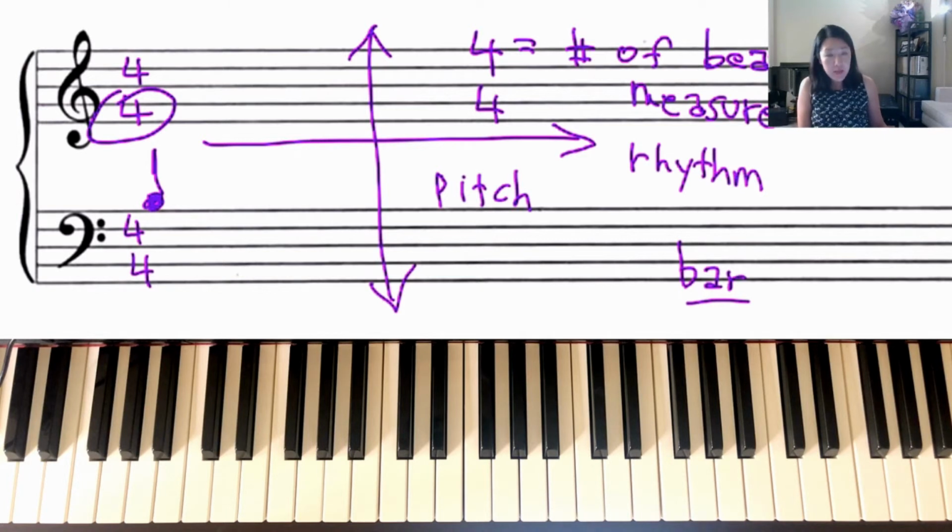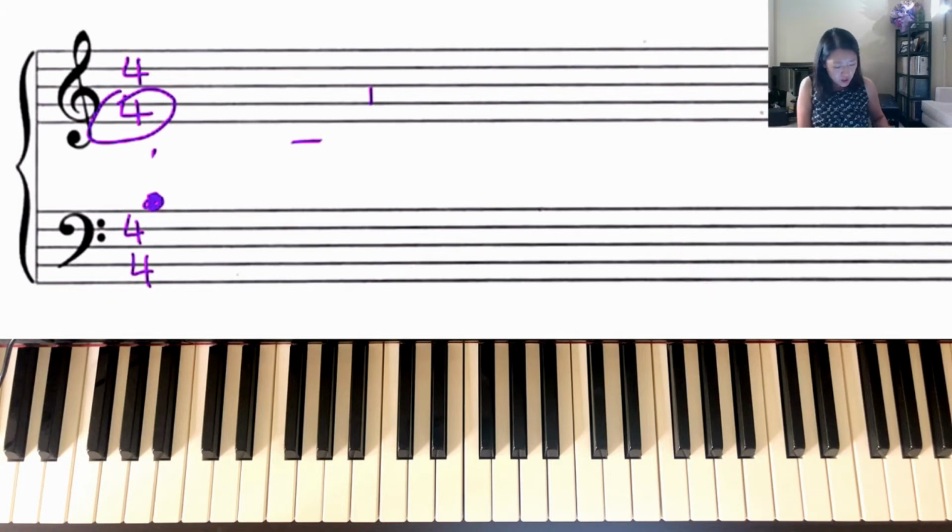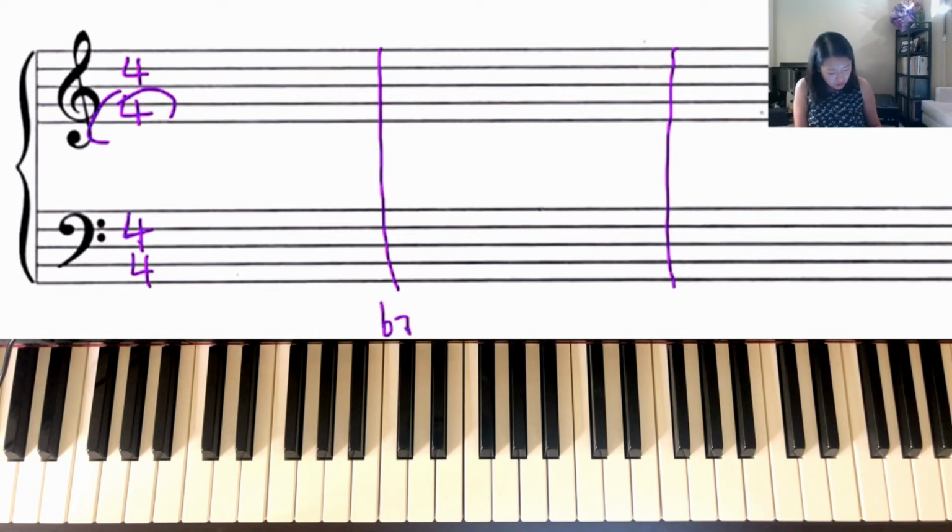And to explain what a measure is, let me just erase this really quick. The measure would be the spacing between 2 bar lines. These are all called bar lines, and they divide music into smaller units so that you can understand it, just like you don't want a run-on sentence that keeps on going and going.